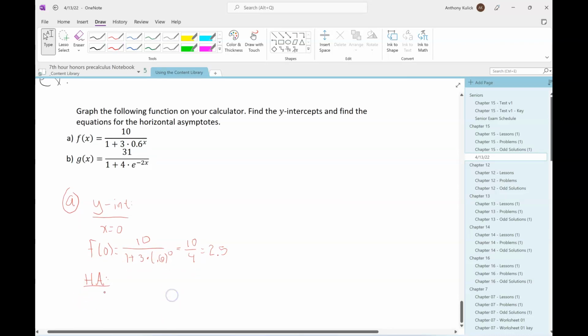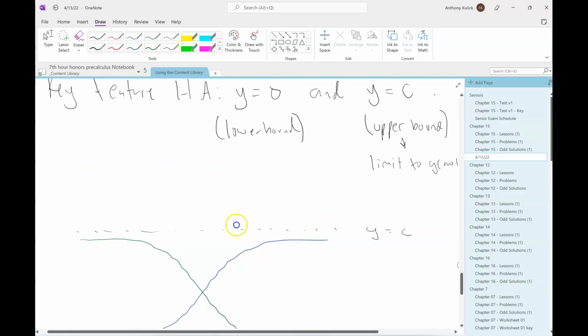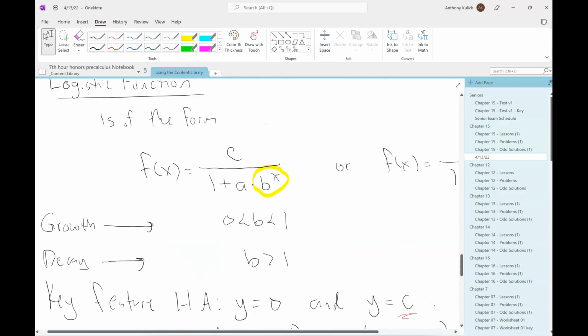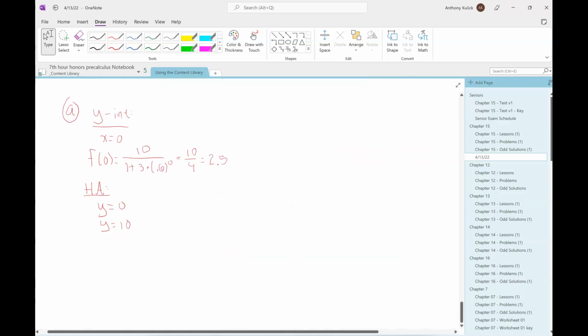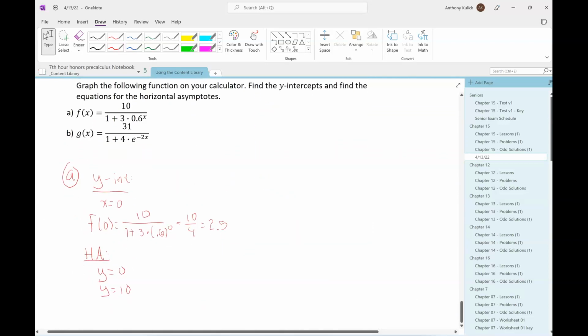Horizontal asymptotes. One of them, the lower bound, is always y equals 0. The upper bound is y equals c, which in this case is 10, right? Just the numerator. Bonus question, is this growth or decay?